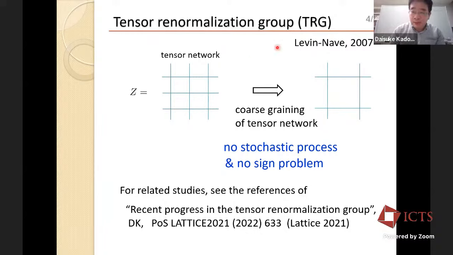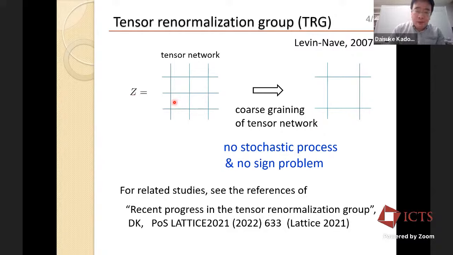By repeating this procedure again and again, the partition function is expressed as a single tensor. So we can evaluate the numerical value of the partition function approximately from a single tensor.